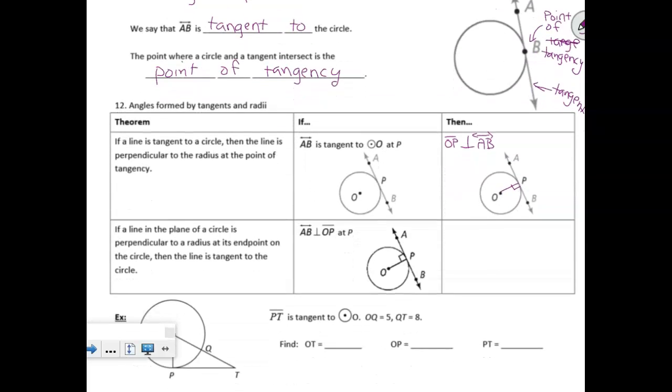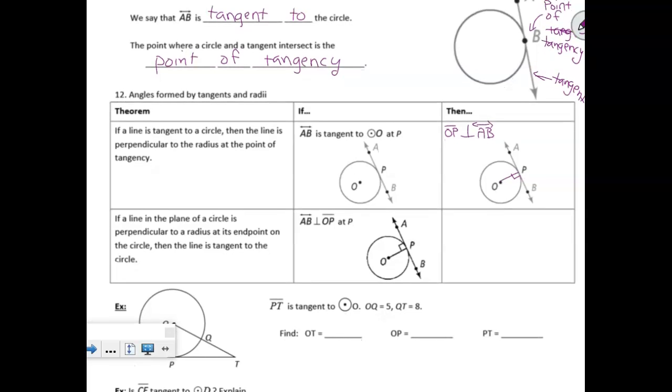The next rule is if a line in the plane of a circle is perpendicular to the radius at its endpoint on the circle, then the line is tangent. So this is the converse of the original theorem.